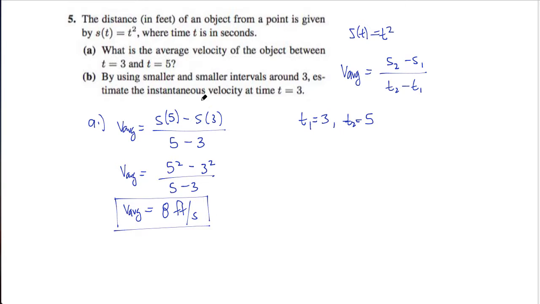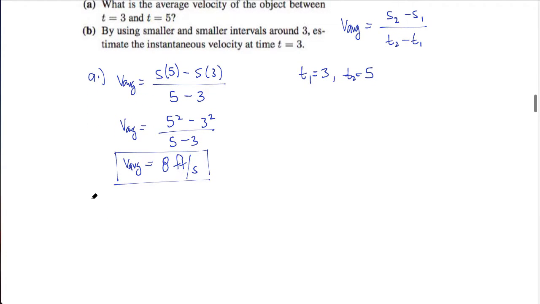Now B says, by using smaller intervals around 3, estimate the instantaneous velocity at t equals 3. This is what I did in the first problem, number 3, in this homework. So I'll use smaller and smaller intervals. I'm going to find an average velocity of, say, s of 3.01 minus s of 3 over my slight change, which in this case is 0.01.